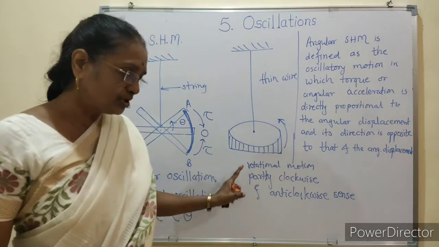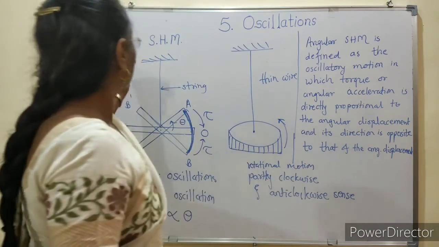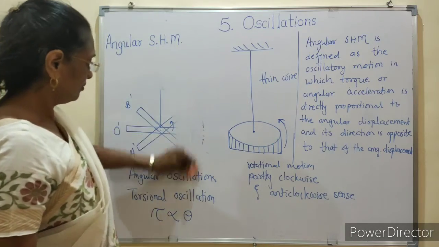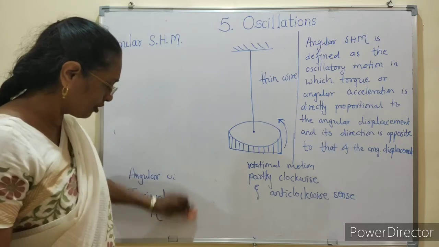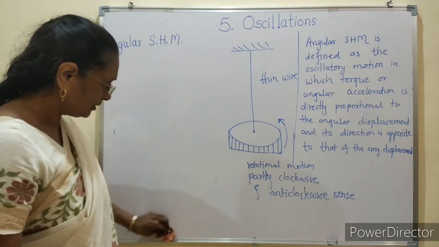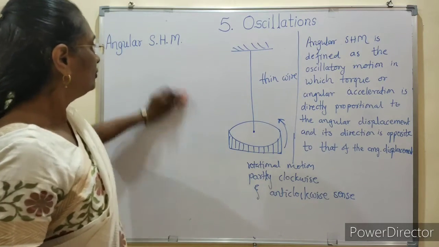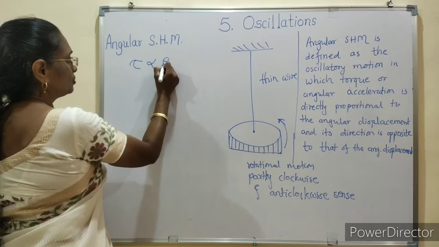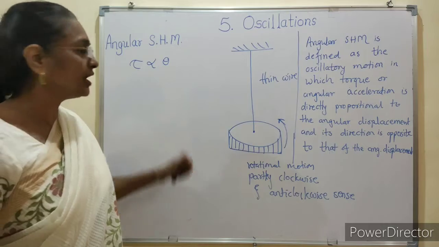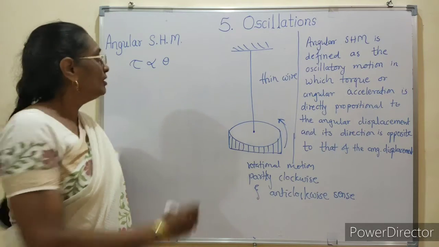Now, for this metal disc or rod vibrating along the circular path or arc of a circle, here we have taken that tau is directly proportional to theta and having opposite direction to that of theta.